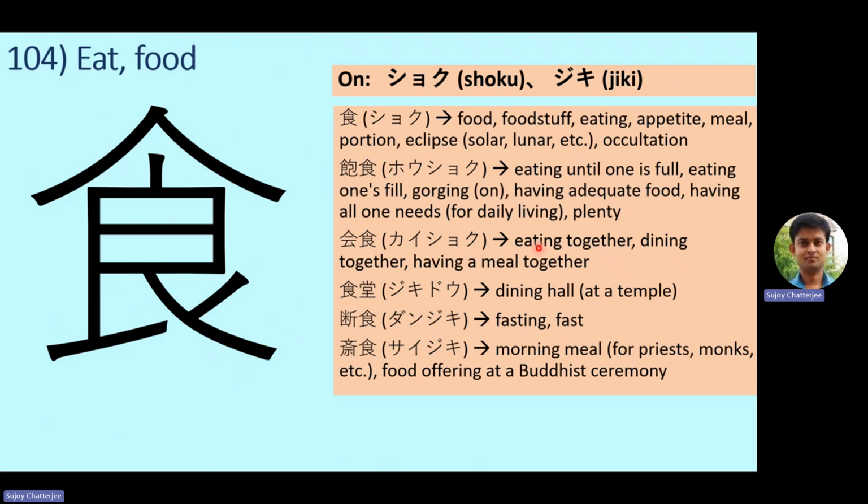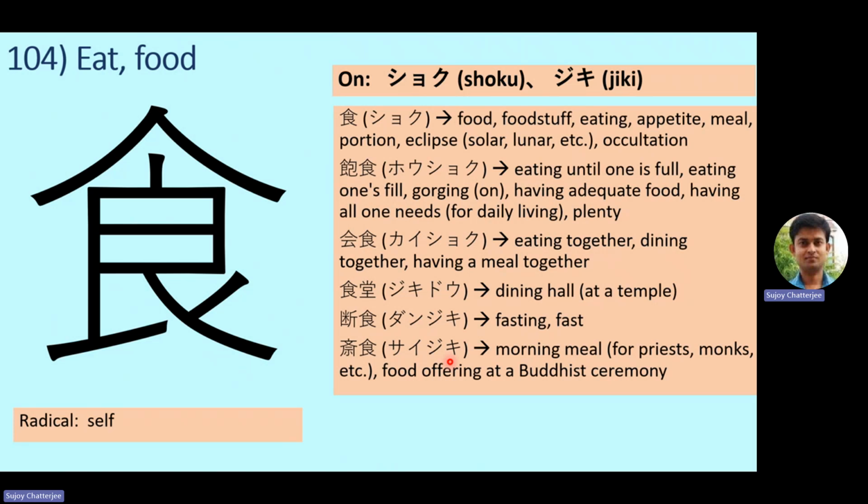Kaishoku means eating together, dining together, or having a meal together. Shokudo, as we just saw, dining hall, especially at a temple. Then we have danjiki. Danjiki means fasting or keeping a fast. And finally, we have saijiki, which means a morning meal for priests, monks, etc. That is food offered at a Buddhist ceremony.